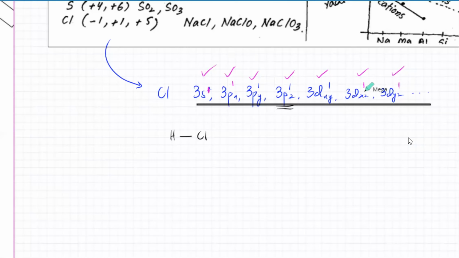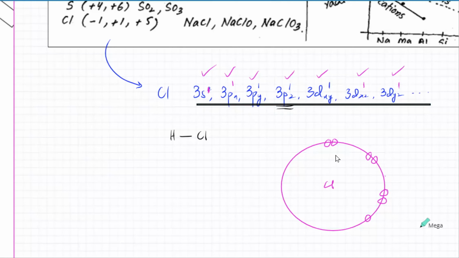The point I'm trying to make is that the third shell, you can visualize it like this, is really big. Cl initially had electrons like this. The electrons were all packed up in these first few orbitals, right?